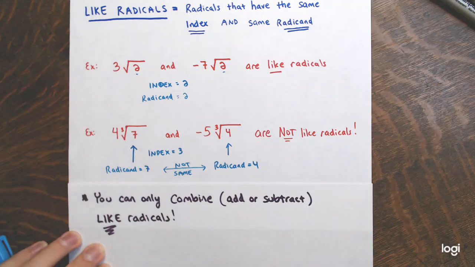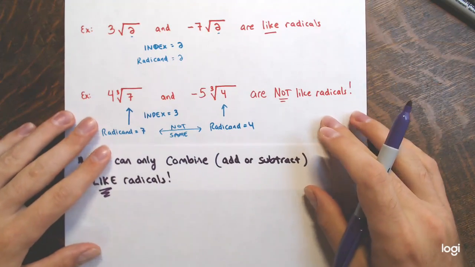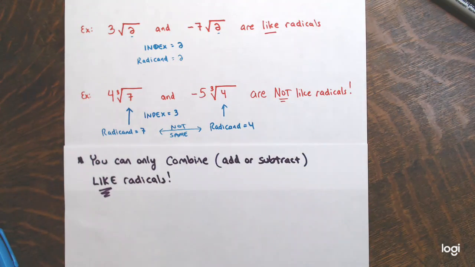As I mentioned earlier, it's very similar to when you're adding polynomial terms. You can only combine like terms.